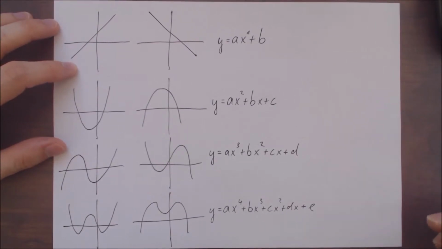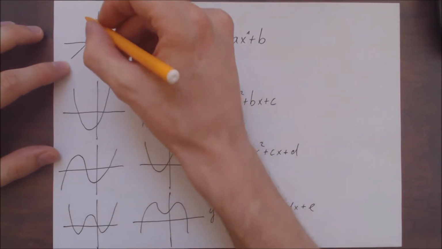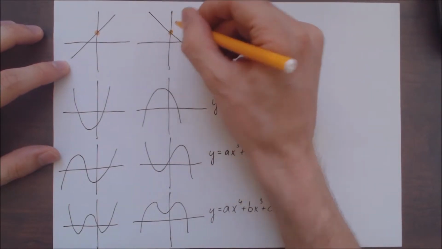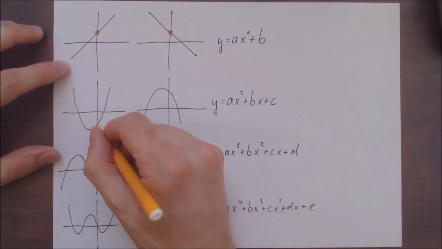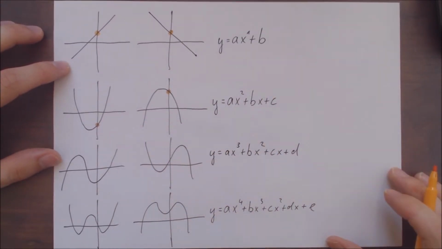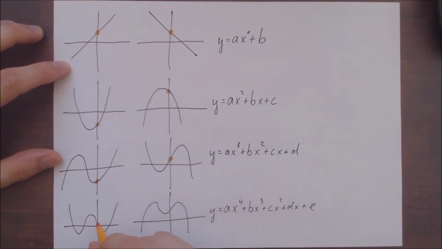Next, we look at the y-intercepts. The y-intercepts are where the graph of the function intersects the y-axis, which is, in the case of the straight line, here and here. Or in the parabola, it's here and here. Or here, here, here, here.